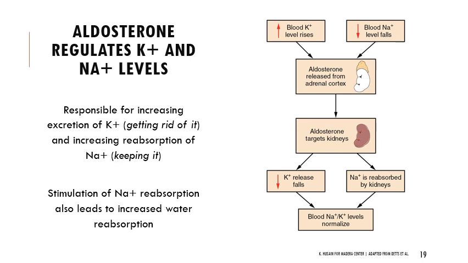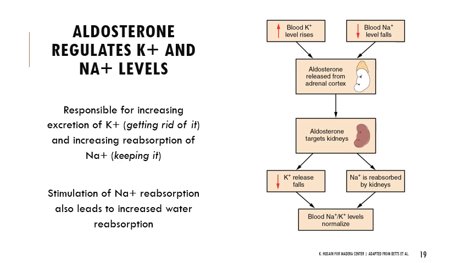Also, when blood sodium is too low, this same kind of mechanism happens. Sodium is reabsorbed more by the kidneys, and this normalizes levels. So aldosterone is really important for potassium and sodium level regulation. It increases excretion of potassium, it gets rid of it, and it increases reabsorption of sodium, it keeps it.